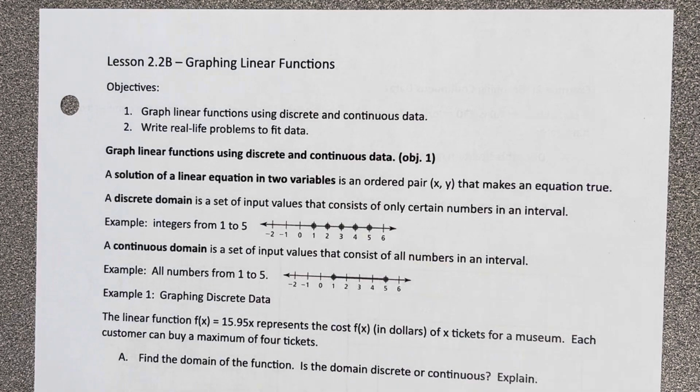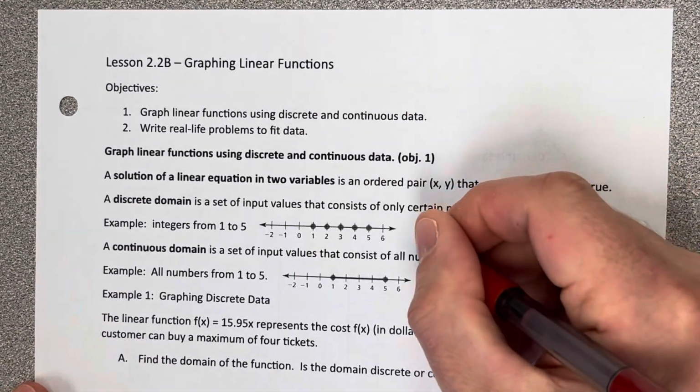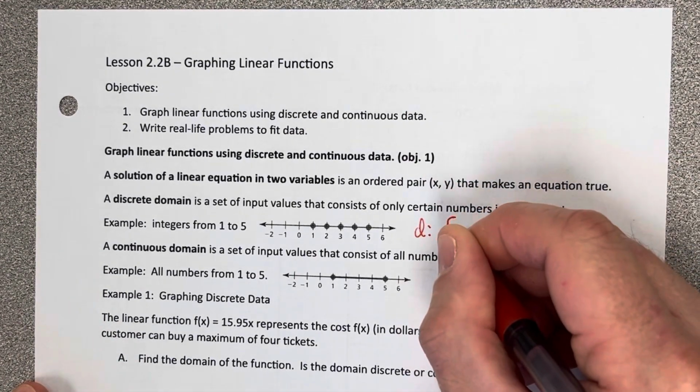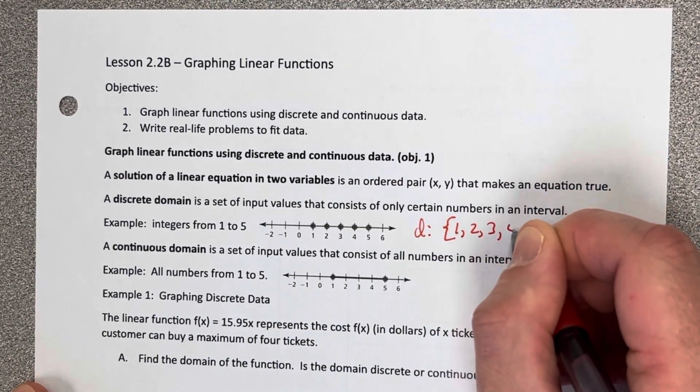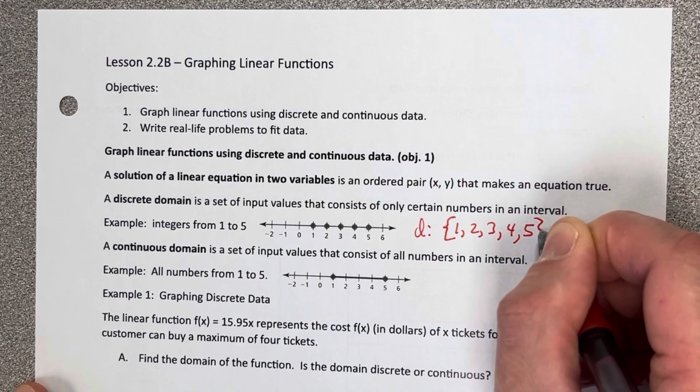And their example is integers from 1 to 5. Well, if you're talking about integers, you don't get to count the fractions in between. And they're saying from 1 to 5. So your domain here would be a list: 1, 2, 3, 4, and 5. And that's it.